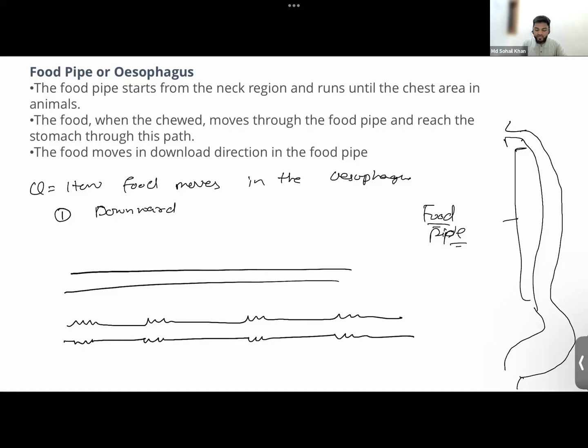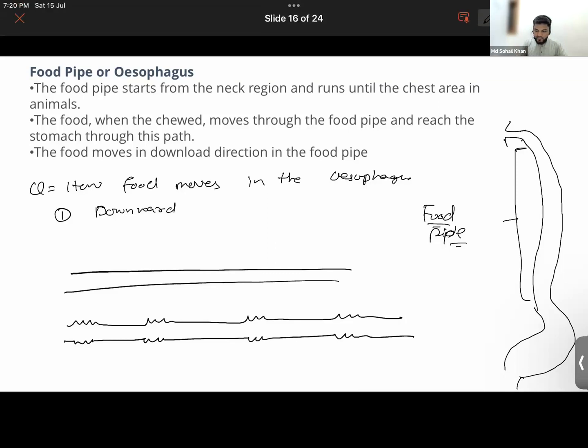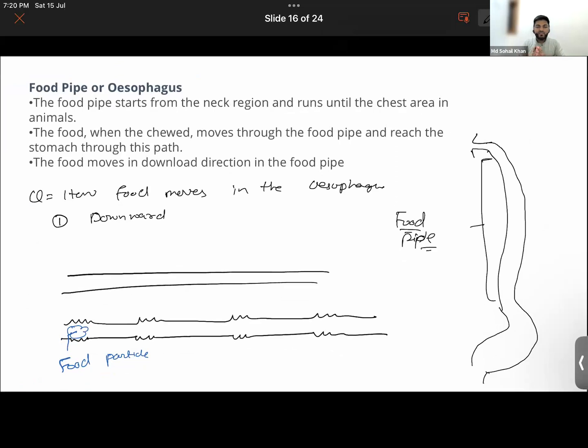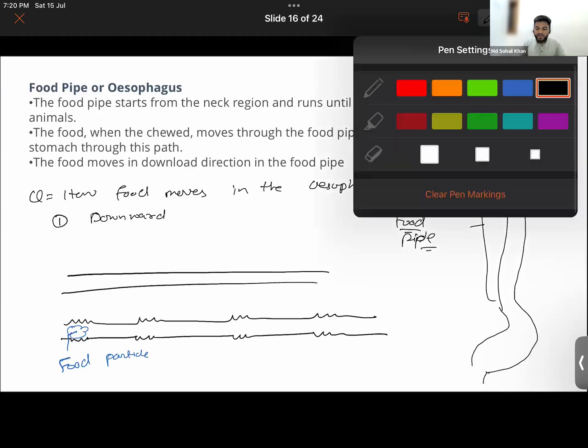If a food particle comes into the food pipe, via continuous movements of contraction and relaxation, this food particle will move down the food pipe and reach the stomach. This movement that occurs in the food pipe we call peristalsis movement. What is this peristalsis movement? It is simply the alternate contraction and relaxation movement, which leads to movement of food in the food pipe.